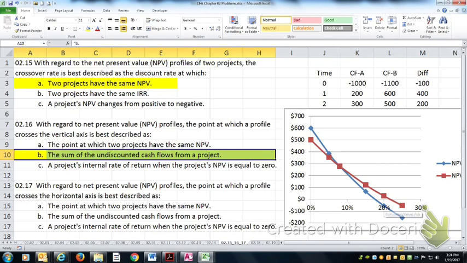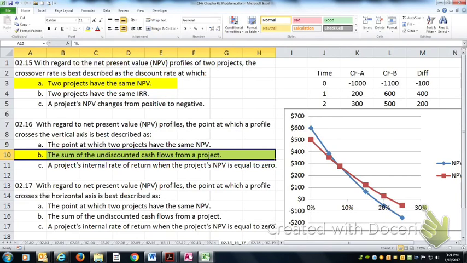Where the line crosses the horizontal, that's the point at which the NPV is equal to 0. Okay, so the NPV, which is the number on the vertical axis, at 0, that's the point at which the IRR for the project is.